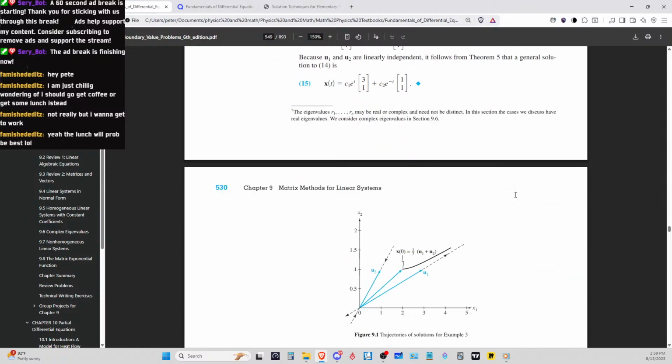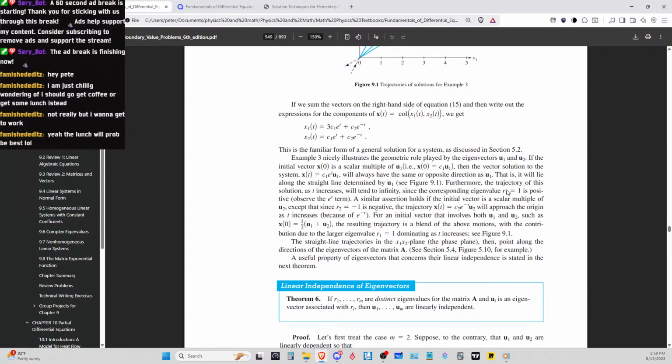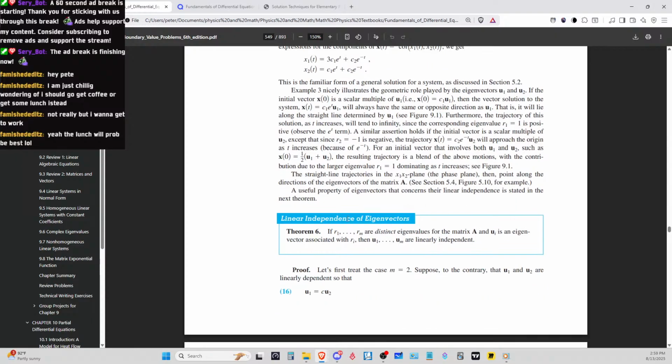Okay. Now, the thing is, how do we, let's see, linear independence, or if we have distinct eigenvalues for the matrix A, and u_i is the eigenvector associated with r_i, then u_1 to u_m are linearly independent.